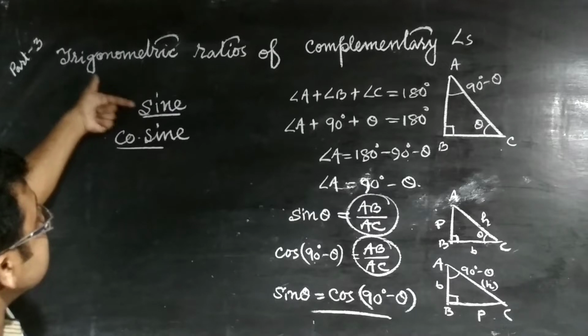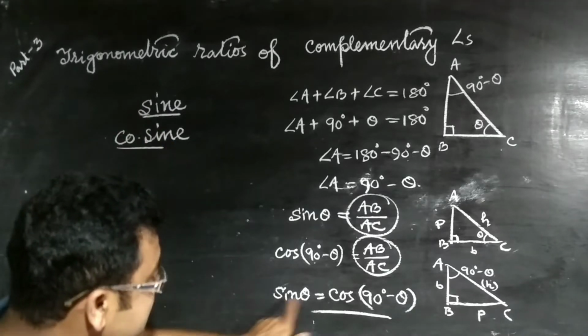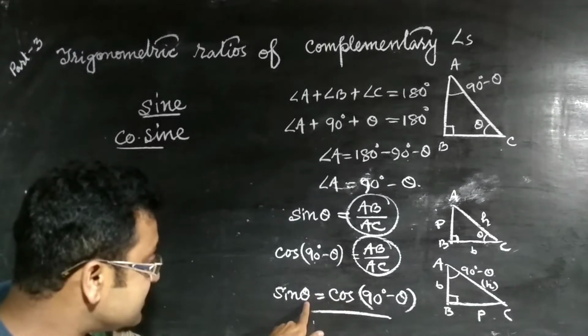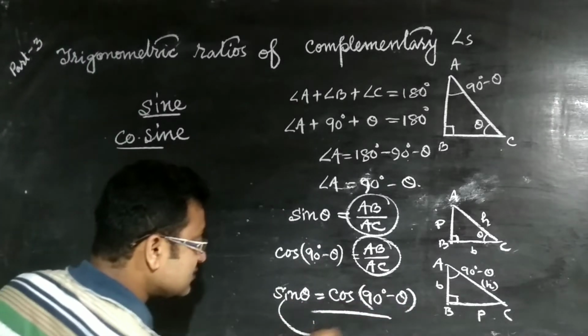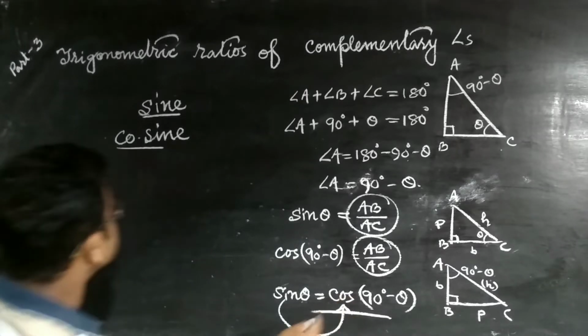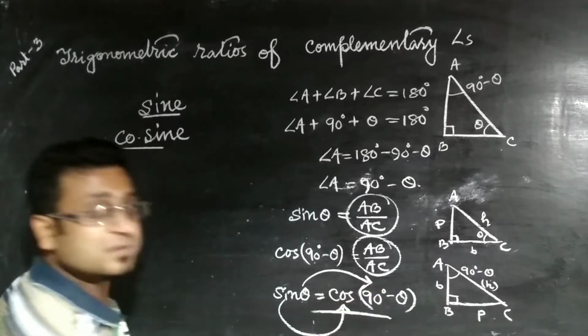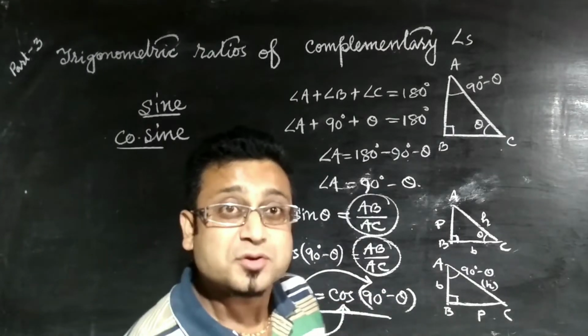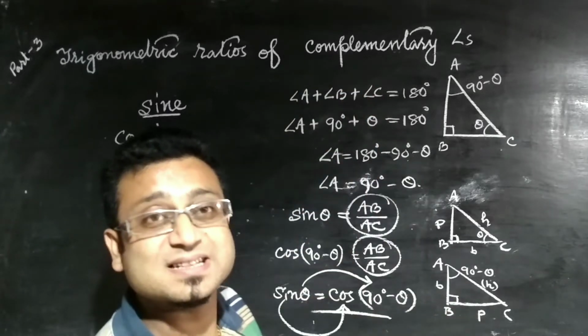Now, as you can see, cos is the complement of sine. So if this is theta, this will be the complement of theta. Clear? Cosine is the full form of cos, and theta will be its complement. Fine. So this is how sine and cos can be related by complementary angles.